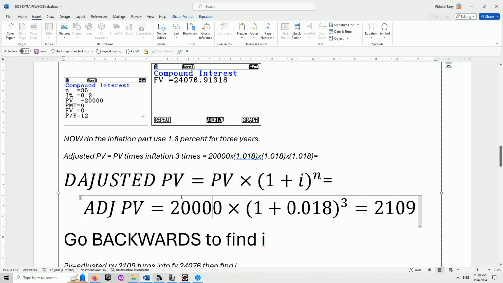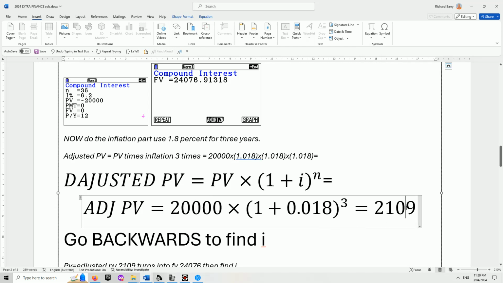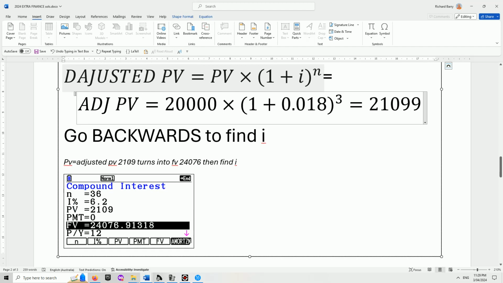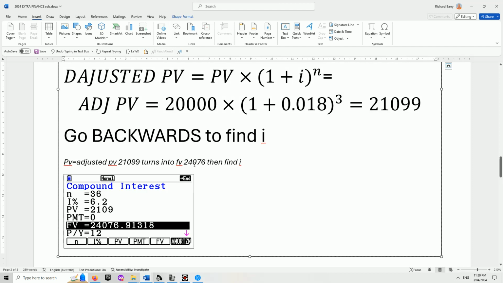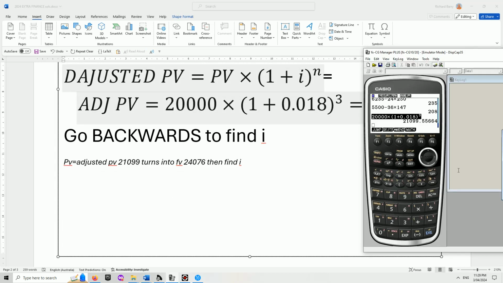Let's just check this in the calculator. 20,000, so it's 21,099. Okay, so now we're going to go backwards. We're going to put 21,099, and it's going to turn into 24,000.